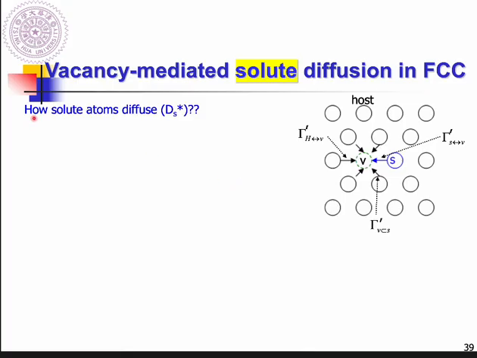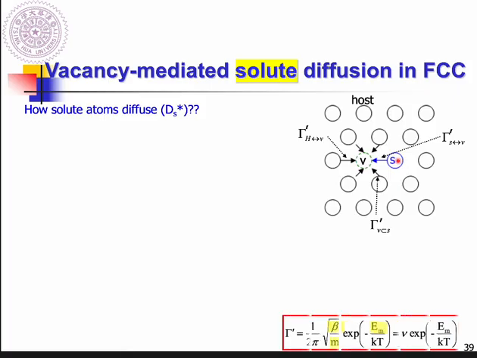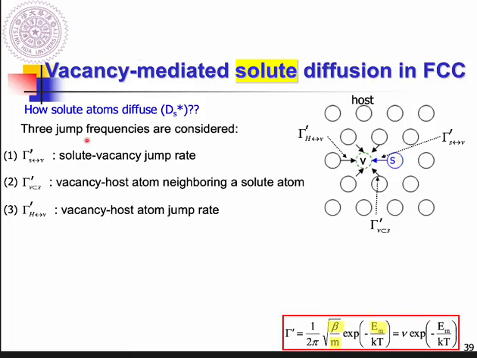So now let's go back to here. How does the solute atom diffuse? Based on what we know, there are three jump rates or jump frequencies that need to be considered. The first one, shown with double arrows here, is the solute vacancy jump rate.